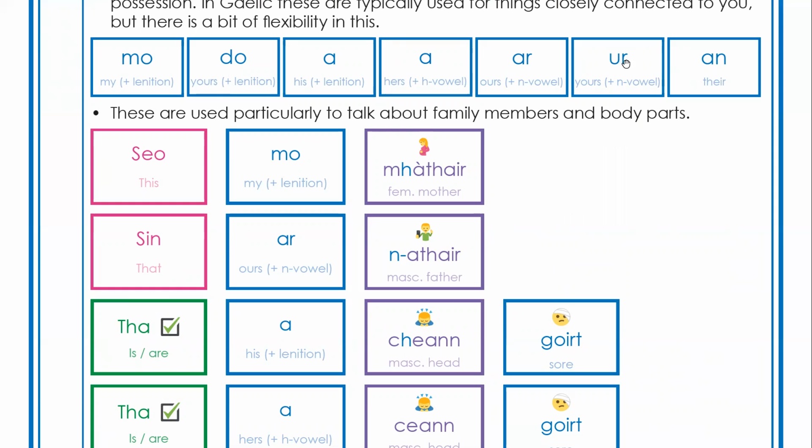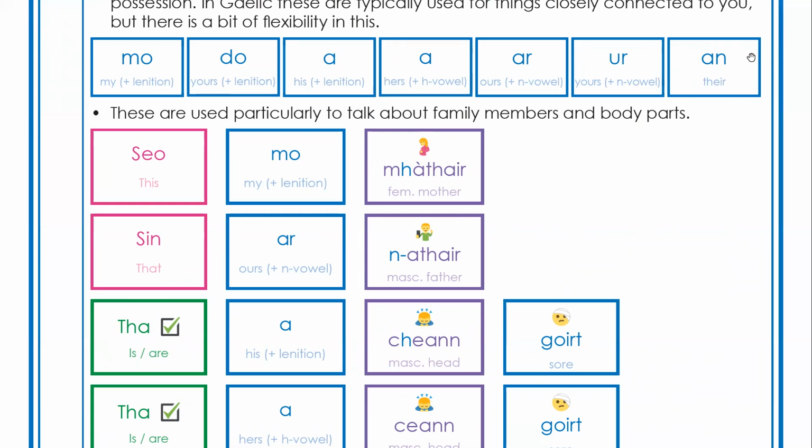Likewise, ur, yours, no lenition, but n hyphen before a vowel. So ur n-athair would be your father, politely. And then lastly, an, their.